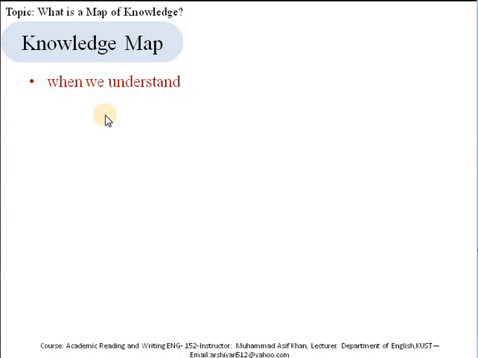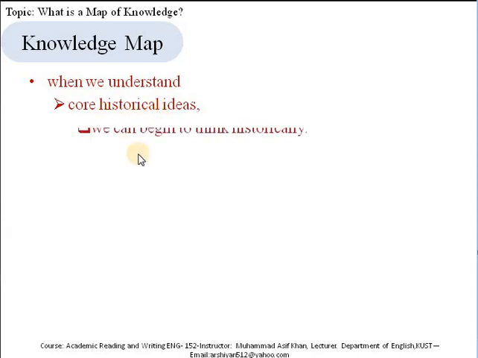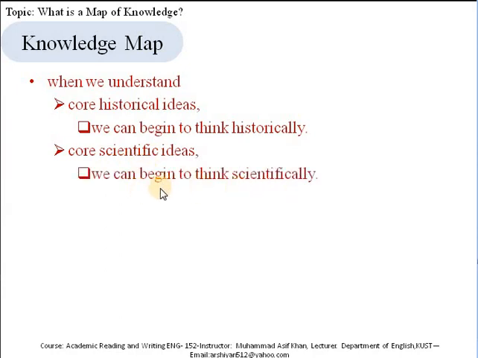In the same way, when we understand the core historical ideas, then we can begin to think historically. And if you have the understanding of the core scientific ideas, then it will be very easy for you to think scientifically. So core or primary ideas are key to every system of knowledge.